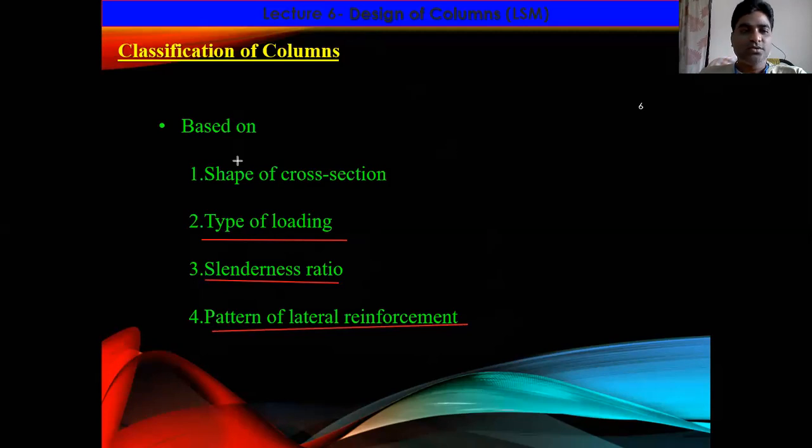So what is meant by based upon the shape of the cross section?